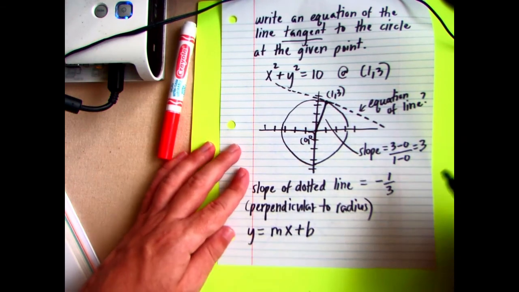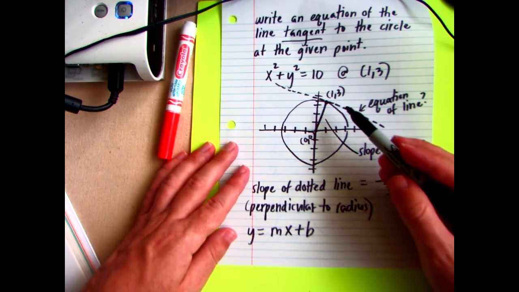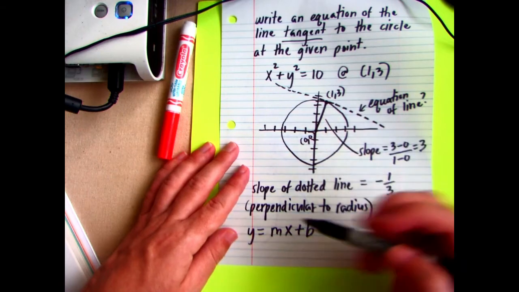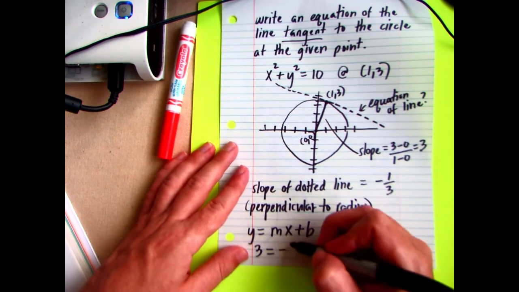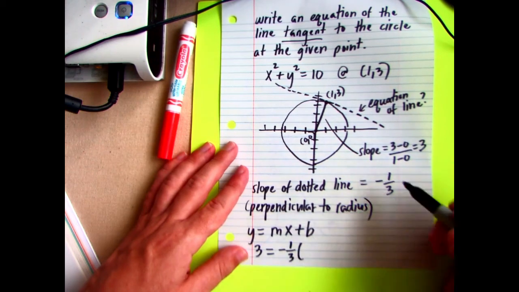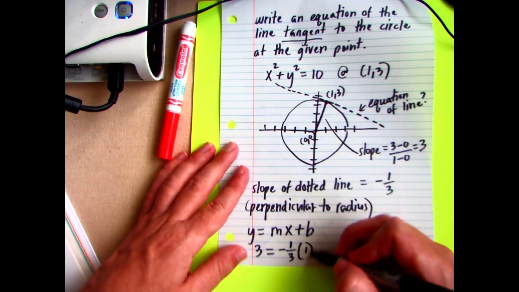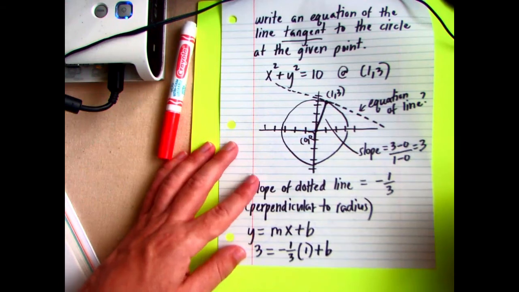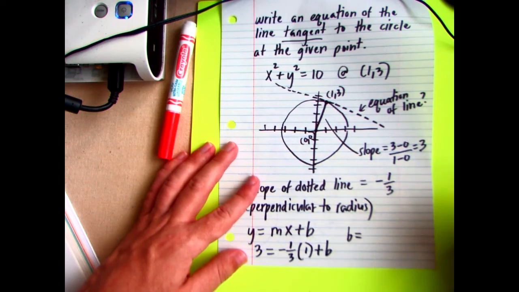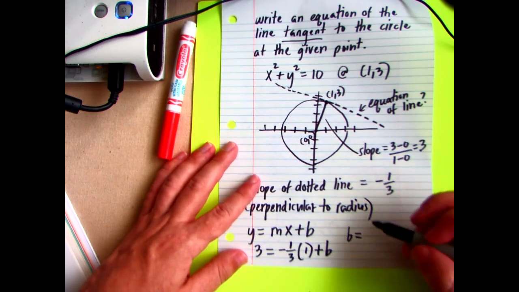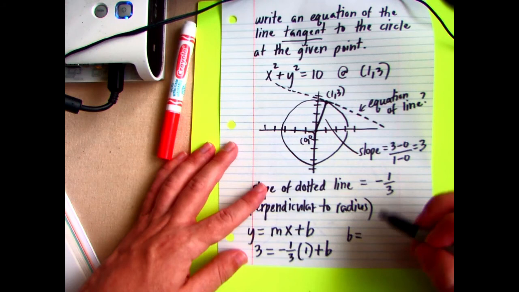So I'm ready to write my equation. I'm going to write it in slope-intercept form. I'm going to plug in a point that I know, 1, comma 3, and the slope that I know, negative 1/3, and I'm going to solve for b. I'm not showing the work here, but if you work it out, b is equal to 10 over 3.